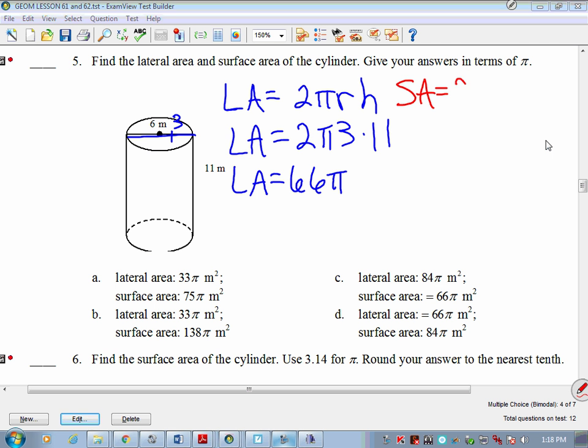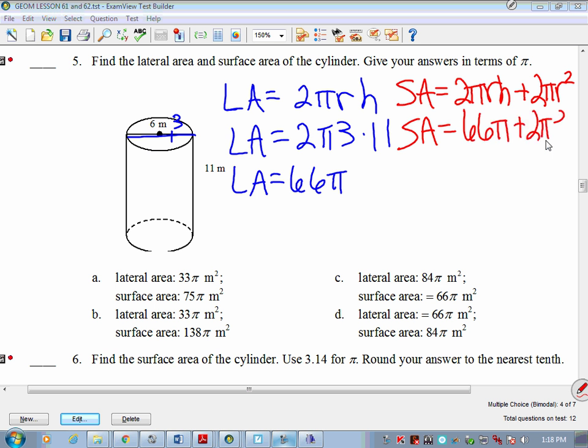Although it would be 2 pi r h plus 2 pi r squared, we already know that the lateral 2 pi r h is 66 pi. What we need to find is 2 pi 3 squared. Well, 3 squared is 9, and 9 times 2 is 18. So I'm getting 66 pi plus 18 pi.